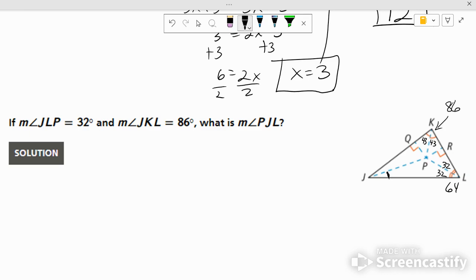All right, that's 64. 64 and 86 add up to 150. So we have what left for that whole angle? What's the whole angle? This whole thing at J? 30 degrees. Now, if I want PJL, I want just half of it. Well, each half of this is 15. So PJL is 15.